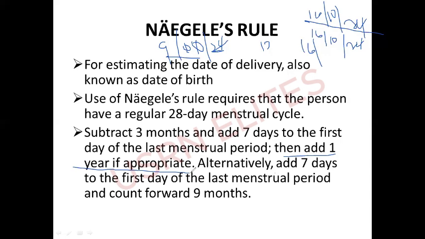Where you add the 1 year is like the example I gave first, where you have July. In July, you realize that you enter a new year. So if you are going to enter a new year, that is where you add the 1 year to it. Let's say she gave 7th February, and then we have to use 7th February.